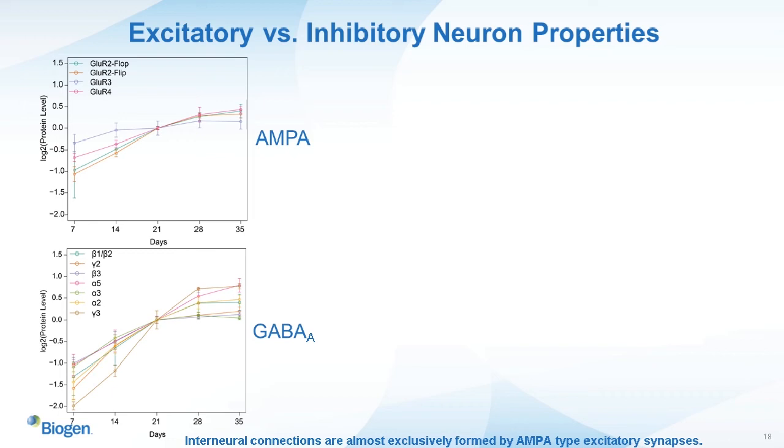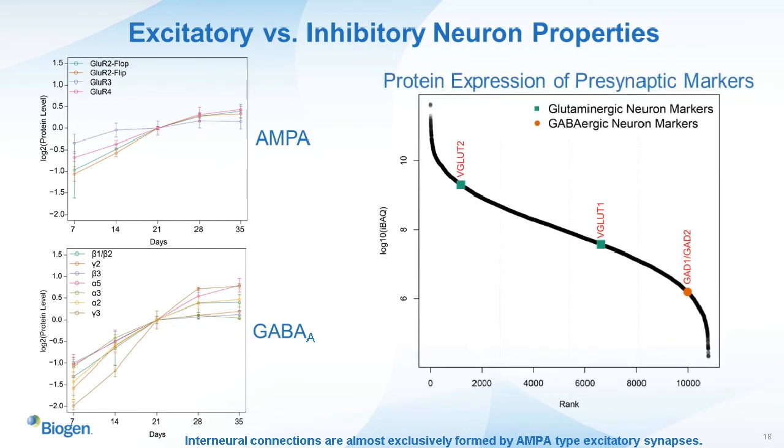So this was definitely an unexpected finding. When we look at AMPA and GABA-A receptors, similar to what we see in RNA-seq, all of these subunits increase in abundance over time. We were wondering why, given that these neurons are mainly excitatory, we see such high expression levels of the inhibitory GABA-A receptor. But to form functional synapses, you need particular proteins that are expressed on the presynaptic membrane.